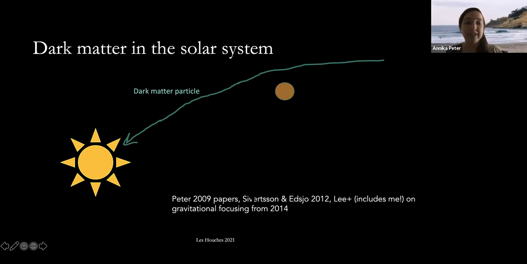I link here a few papers about that, but that's a set of dark matter 3-body problems that matter for the indirect detection of dark matter in the sun and the direct detection of dark matter at Earth.